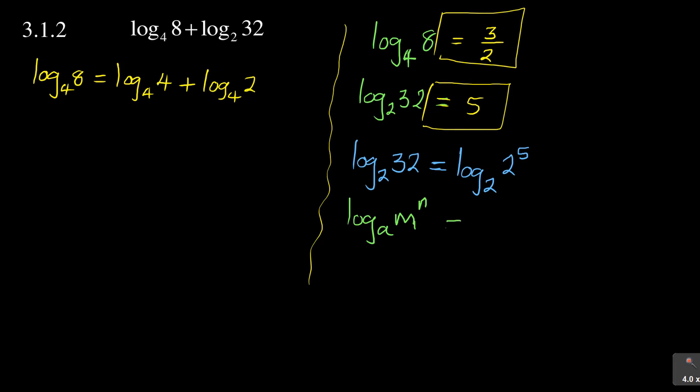What happens is the n drops down, so you have n times log base a of m.